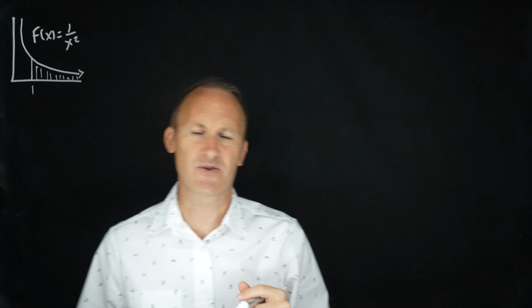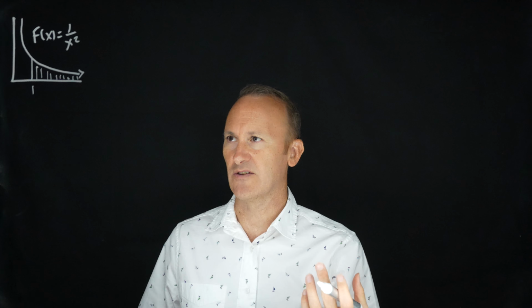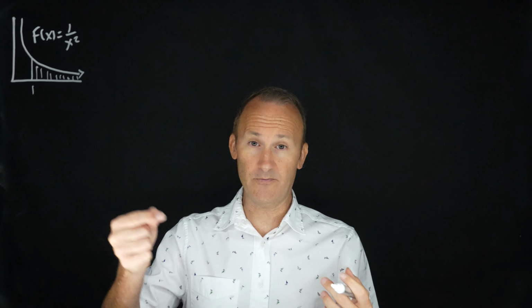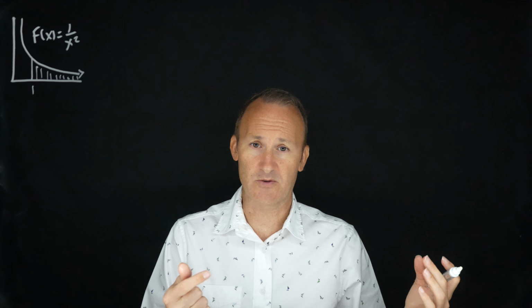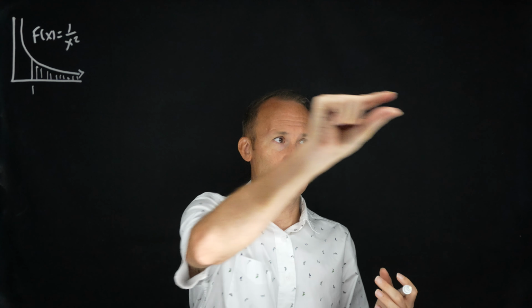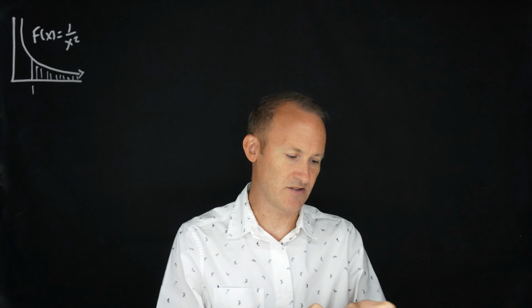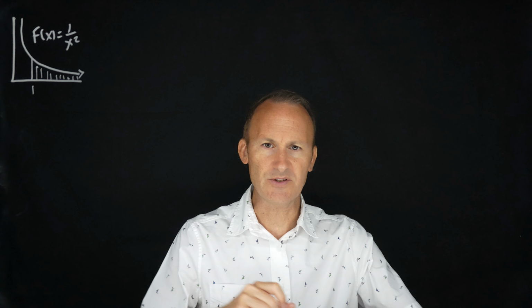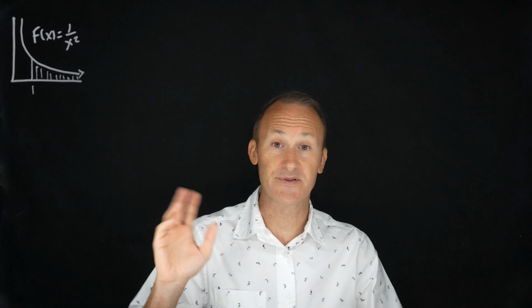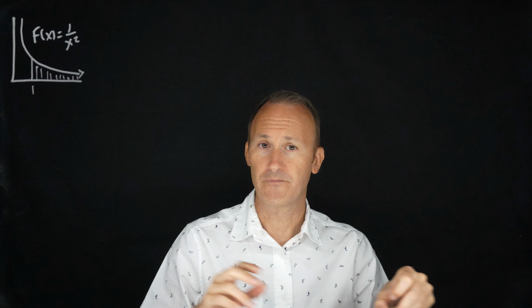Is it necessarily infinite? If you go from 1 to infinity under 1 over x squared, does that area have to be infinite because it keeps going forever? It's an interesting question because it keeps getting smaller and smaller and smaller, right?